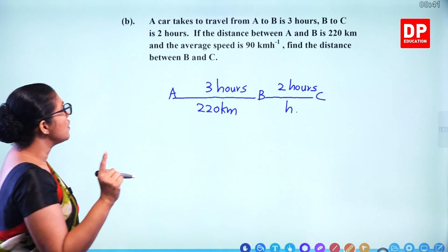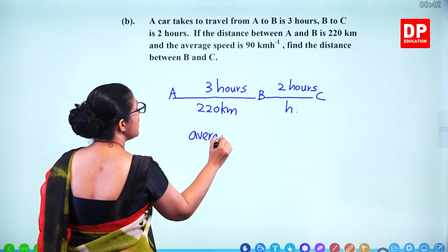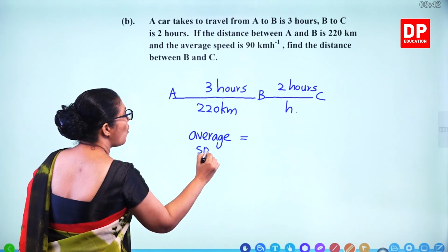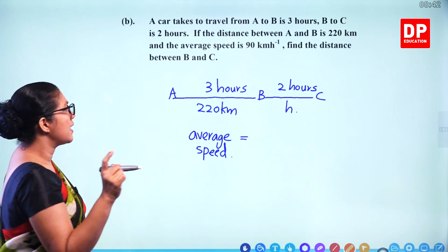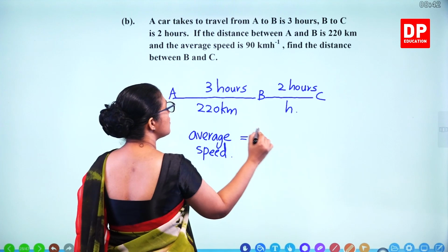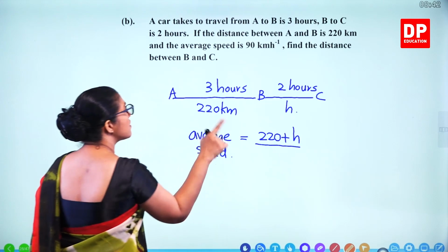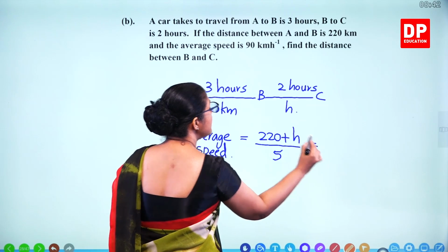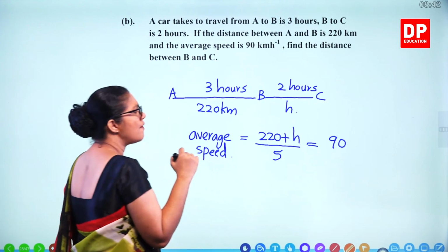So what's the definition of average speed? Average speed is equal to total distance divided by total time taken. So total distance is 220 plus H. What's the total time? 3 plus 2, 5. That is given 90 kilometers per hour.